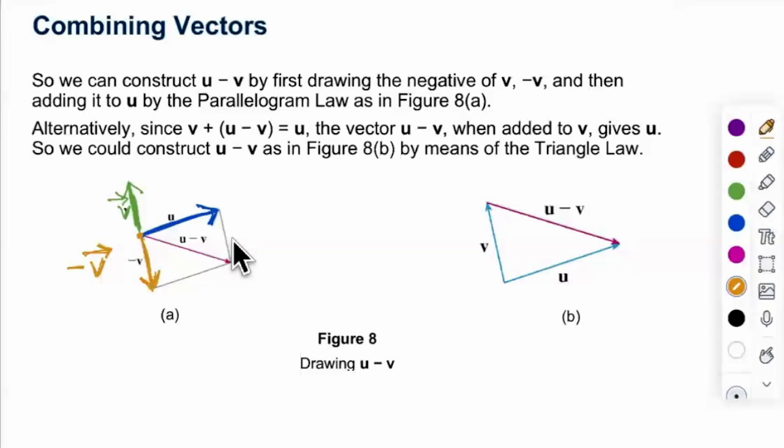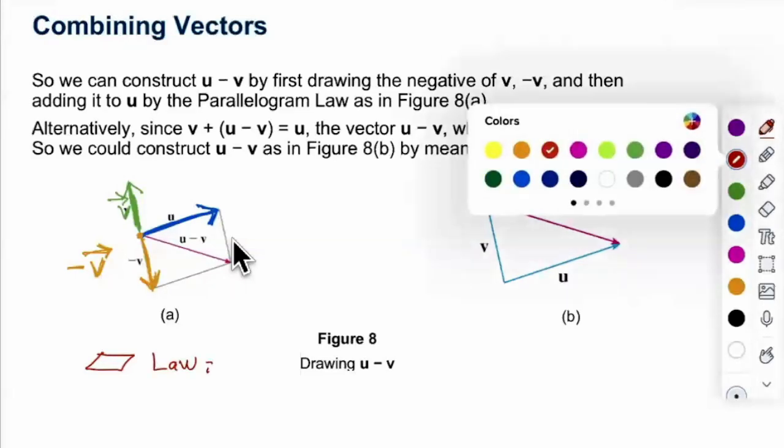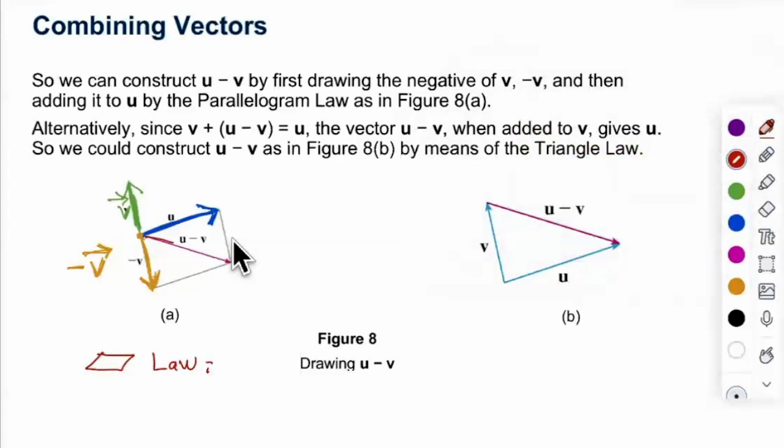When I add the two vectors here, I'm using the parallelogram law, and you can see that the resulting vector will be this one. This is u minus v.